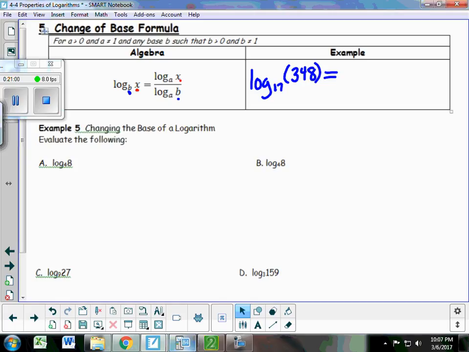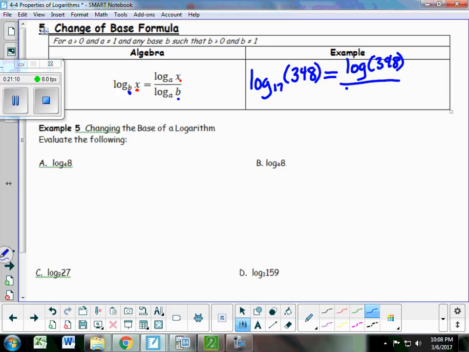So we'll use common log of, well, the 348 goes on top, and then the common logarithm again of 17. And we can just punch that into our calculator, and we would get approximately 2.07.